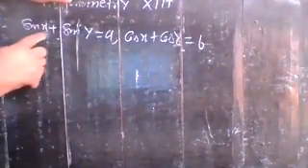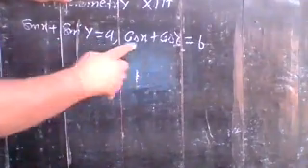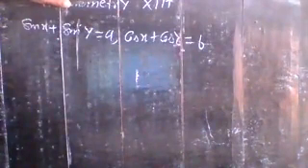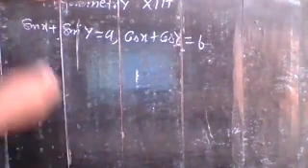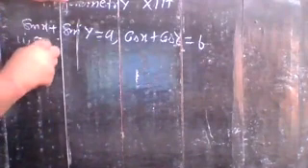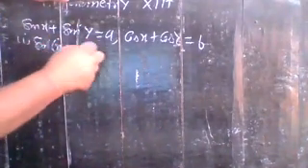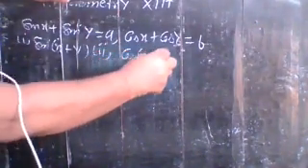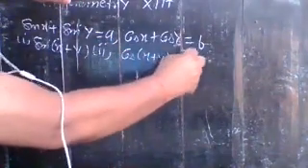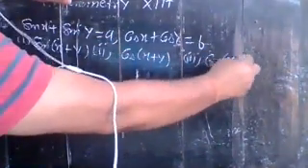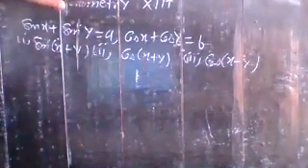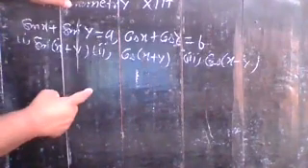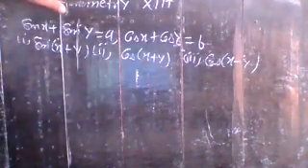If sin x plus sin y is equal to a and cos x plus cos y is equal to b, find: first part, sin of x plus y; second part, cos of x plus y; and third part, cos of x minus y. Here you have to find the value of sin x plus y, cos x plus y, and cos x minus y.